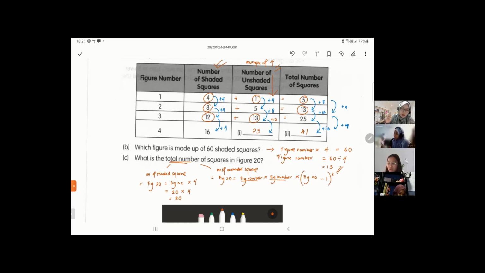Squared means times the same number. Equals to 20 times 20, and then you plus 19 times 19. Okay, so this one is not times, this is plus, sorry. Equals to 20 times 20 plus 19 times 19, you're going to get 761. So the total number of squares for the figure, you just add up 80 plus 761, and then you're going to get your answer 841. Total number of squares for part C. Okay.